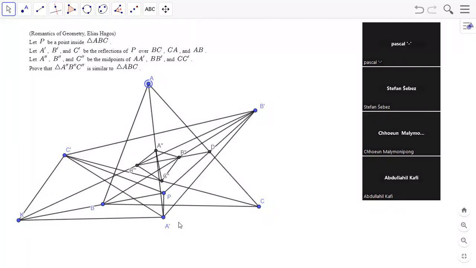This triangle was supposed to be similar to ABC by the gliding principle, right? So what did I do wrong here?